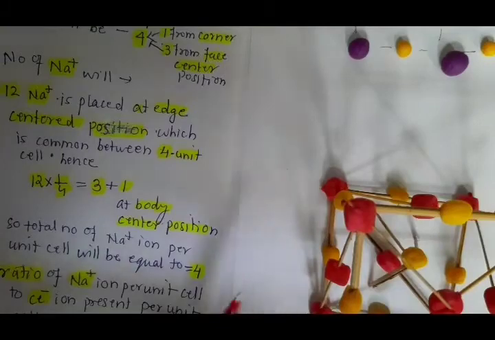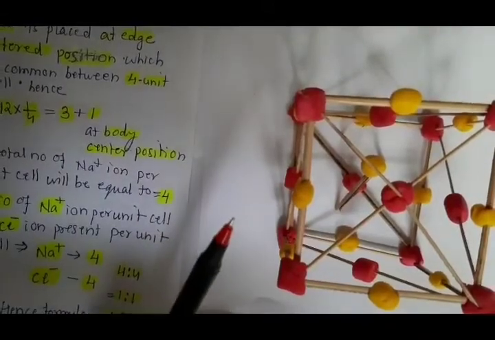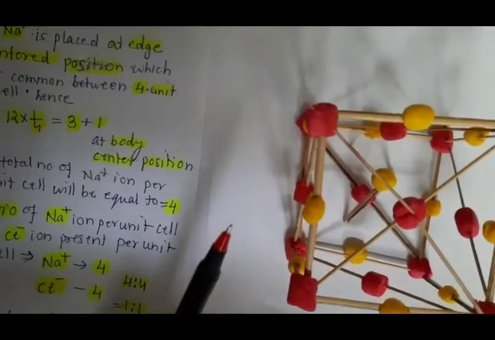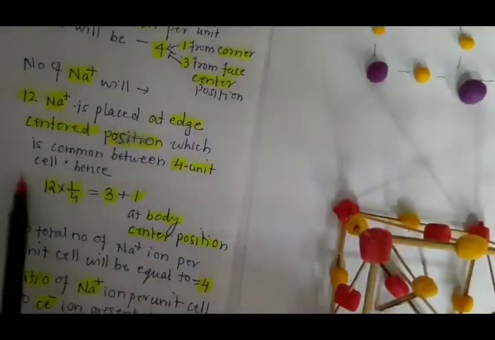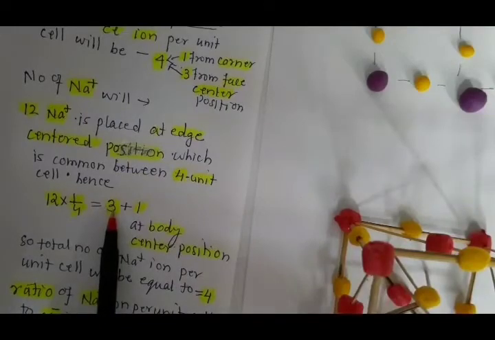There are a total of 12 edges in this unit cell, and the edge is common between 4 unit cells. So 12 multiplied by 1/4 will give you 3.